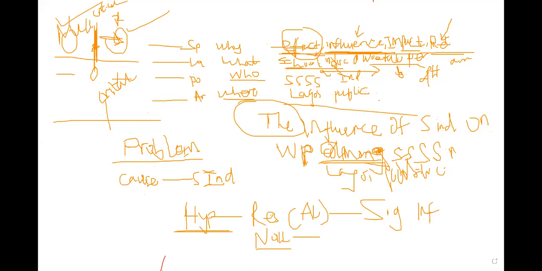You want to find out whether there is a relationship, whether there is a significant impact of something on something. That's research. But the null means there is no relationship. Okay. So the 2 hypotheses are research and null hypothesis. Yes. Well, there's a way you write it out.